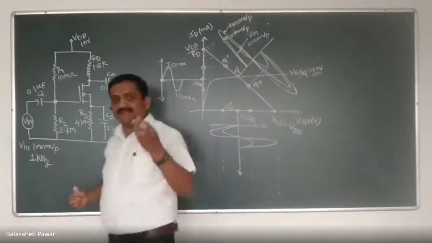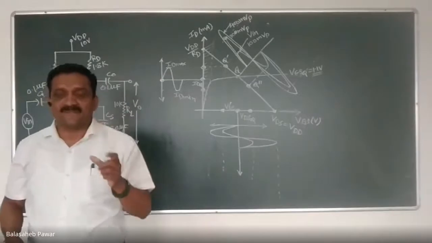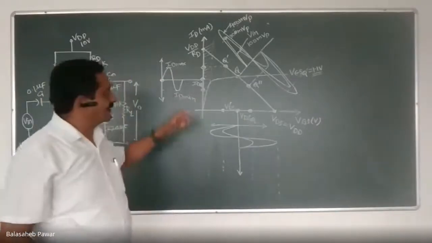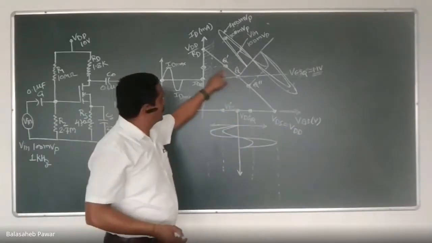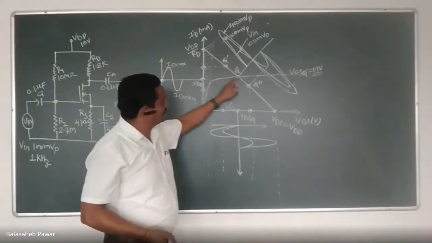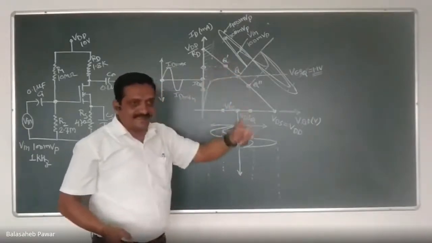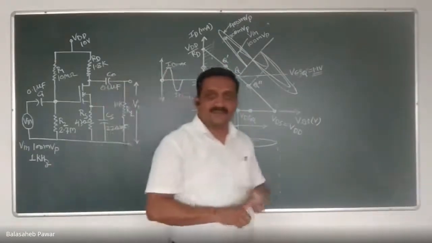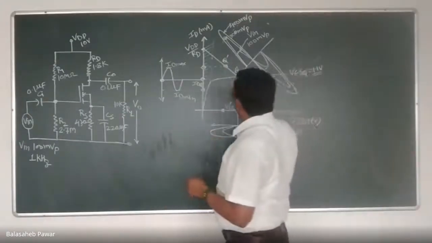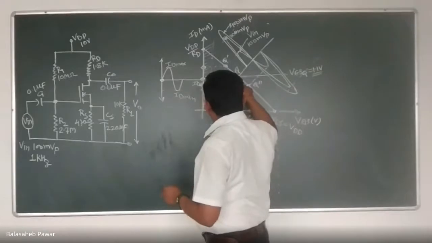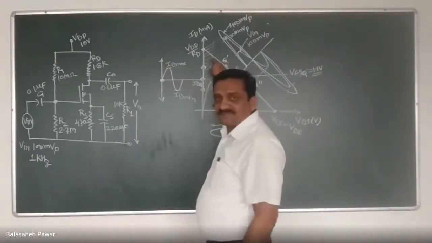Are you getting the difference between those three various level inputs? First of all, how much did we consider? We considered only 100 millivolt. We observed that the operating point gets shifted from Q to Q dash, and during the negative half from Q to Q double dash. If we increase the input amplitude from 100 milli to 300 milli, what I observed is that the operating point is shifted from its center up to the ohmic region, right?